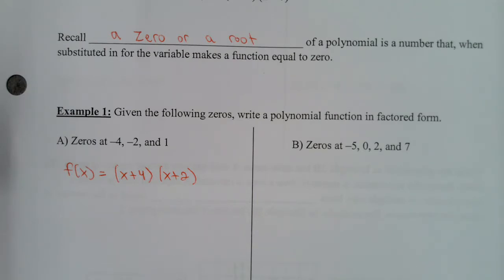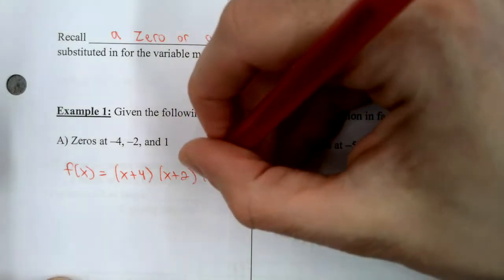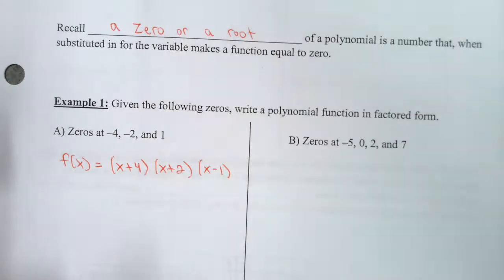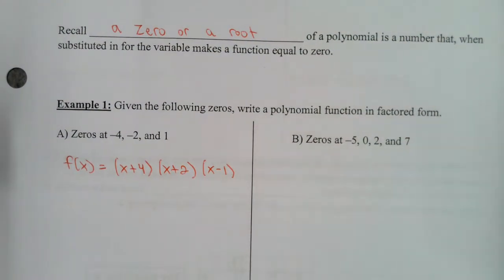And if 1 is a 0, then it means x minus 1 is a factor, because when you solve x minus 1 equals 0, you get x equals 1. And that's the answer for that one. That is factored form.